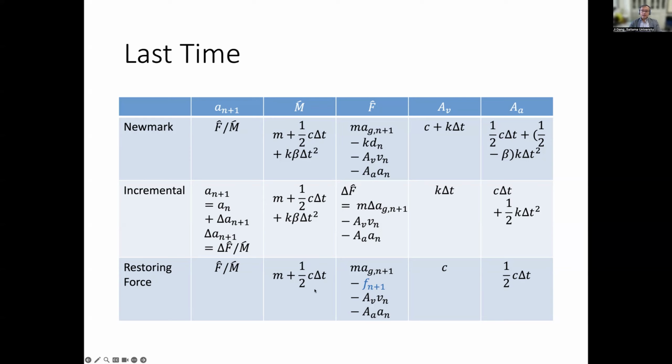Here is the difference between them. Inside here, we have a restoring force-based model, so that we can use some function to calculate the nonlinear force instead of directly calculating these models.